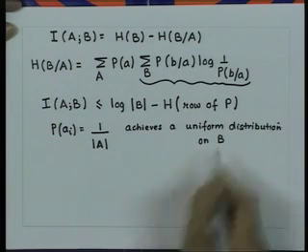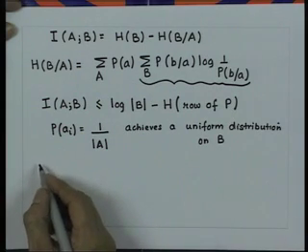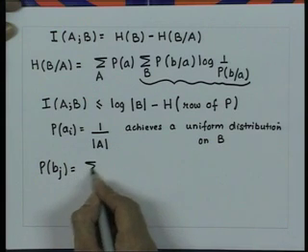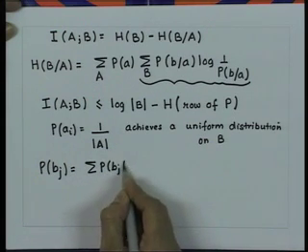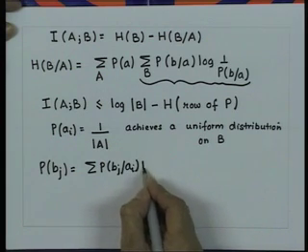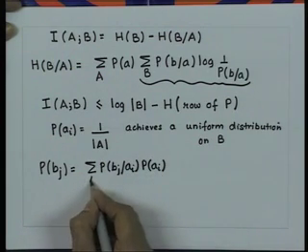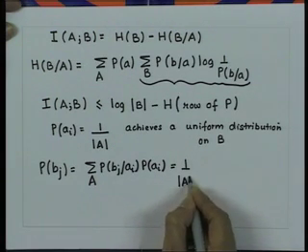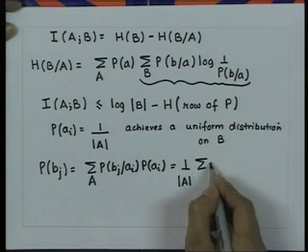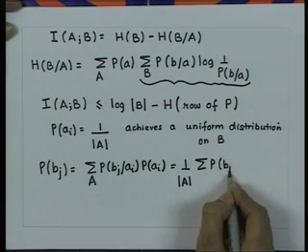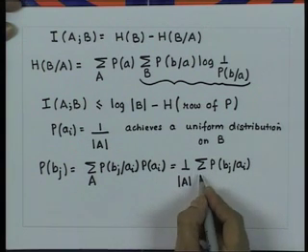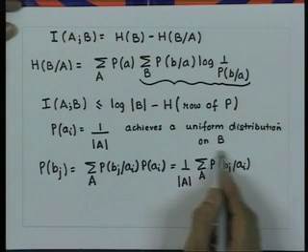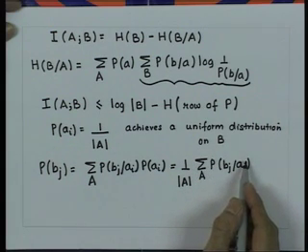This is very clear if we note that probability of Bj is equal to probability of Bj given Ai multiplied by probability of Ai summed over A. This is equal to 1 by mod A times the sum over A of probability of Bj given Ai. Now, for a weakly symmetric channel, this quantity is constant for each Bj.